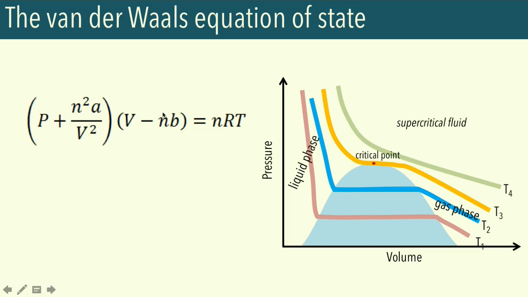For one, when we were talking about the volume of our gas molecules, we treated the molecules as hard rigid spheres, which is not always the case. And in terms of our intermolecular force of attraction, we just considered attractive forces. So there are other equations of state that make additional corrections to this and give better predictions.